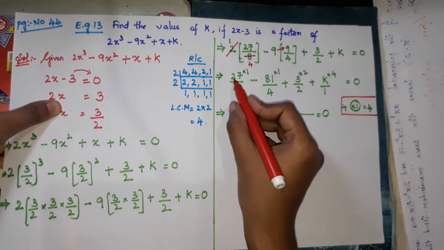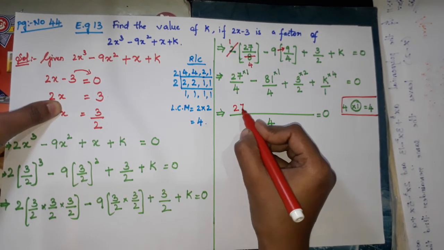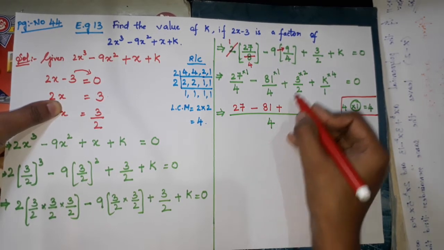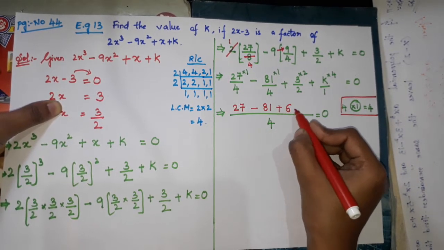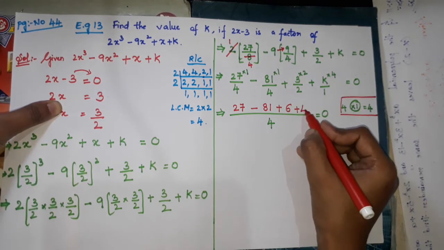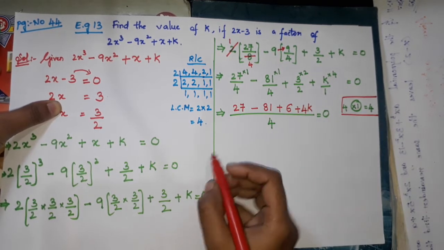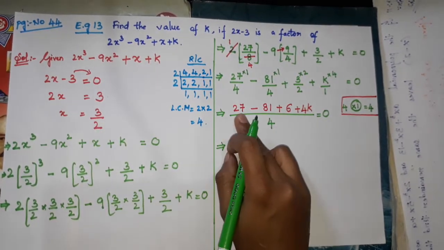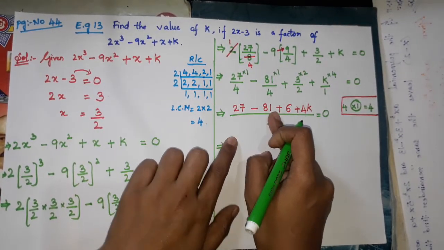Now, 27 ones are 27 minus 81 ones are 81 plus 3 2s is what? 6 plus 4 into k will be 4k.